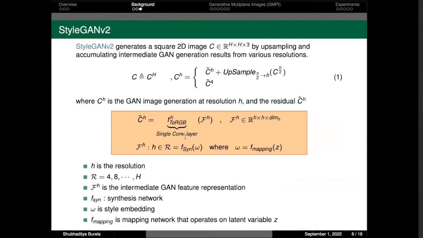This residual is computed by convolving the feature with a single convolutional layer. This feature is in turn generated by a synthesis network, which takes in a style embedding, and the style embedding is in turn generated by a mapping network, which takes in the latent variable. So we need to keep in mind all these networks, because these are the models which will be important for model training at the end.